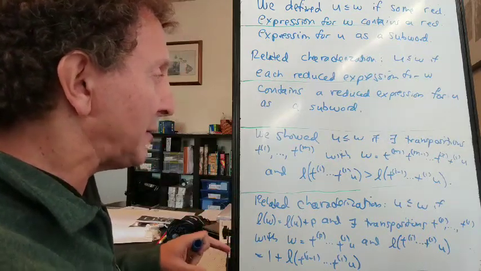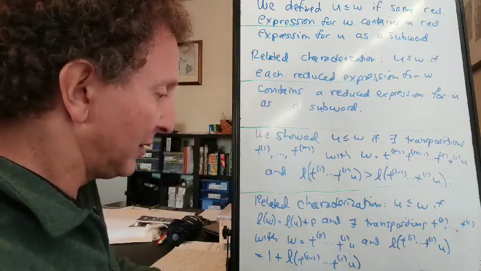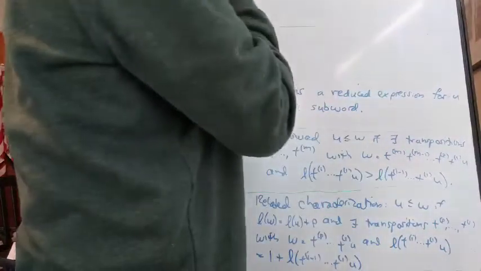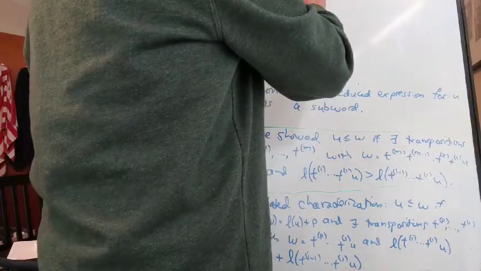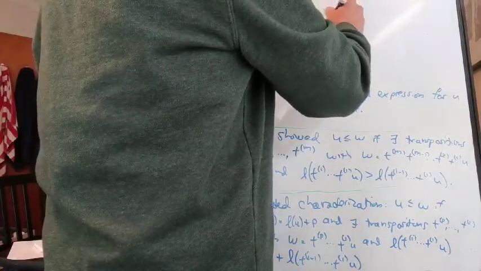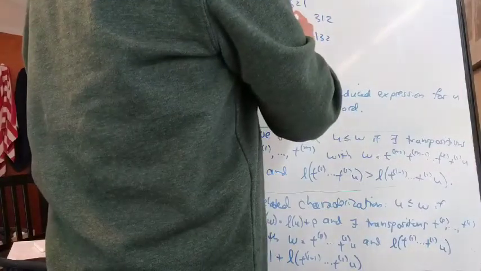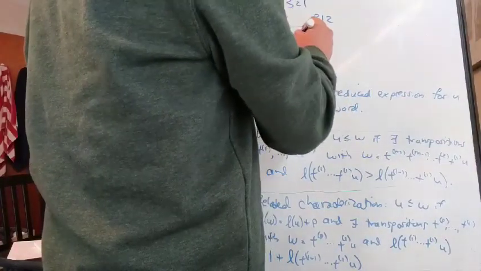Now that doesn't necessarily mean that the transpositions are adjacent transpositions, that is generators of the symmetric group. Because if we look at S3, we have 3, 2, 1; 3, 1, 2; 2, 3, 1; 1, 3, 2; 2, 1, 3; 1, 2, 3.